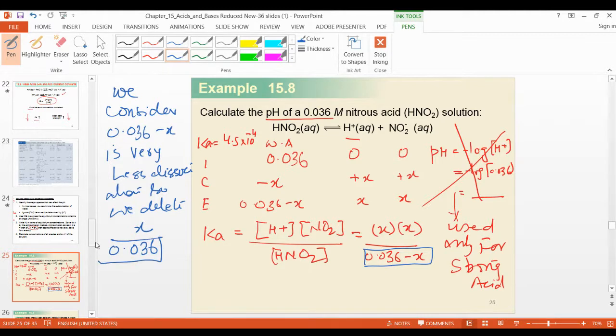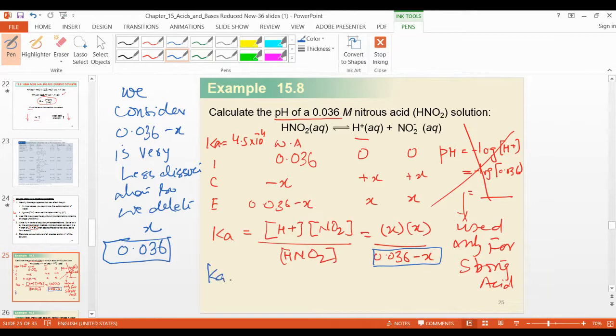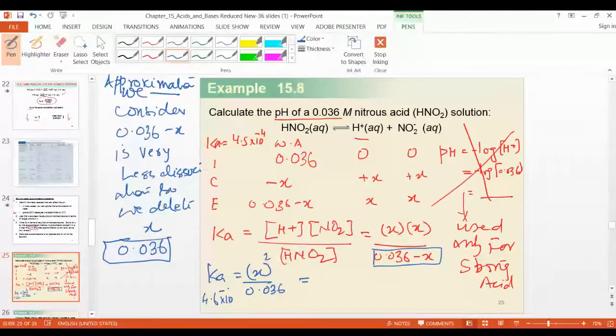Now we will write K equal to x squared divided by 0.036. This is an approximation, and whether it is correct or not, we will check afterwards. First we calculate the x value here, and this value is 4.6 times 10 to the power minus 4.